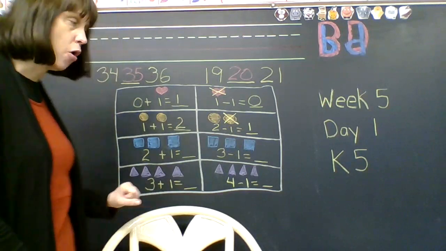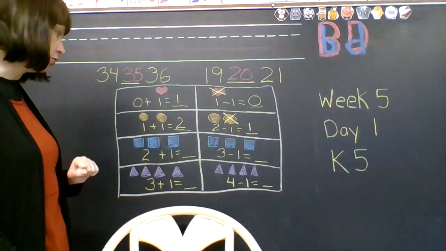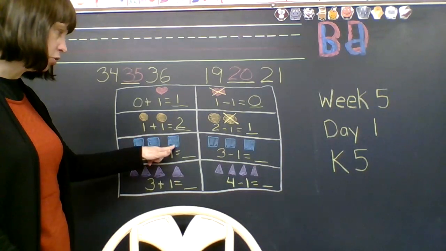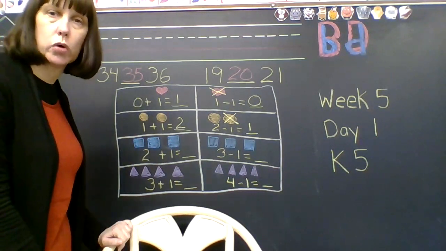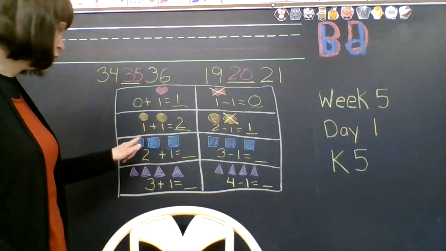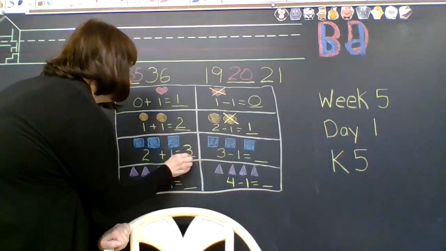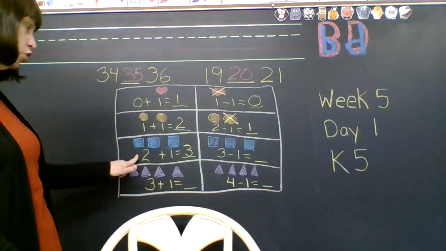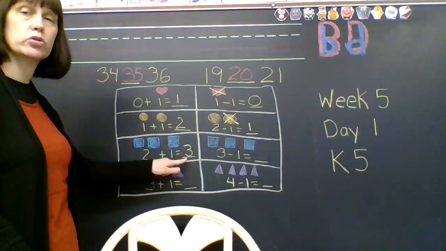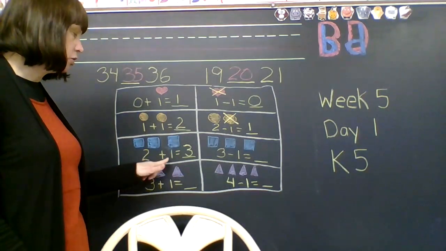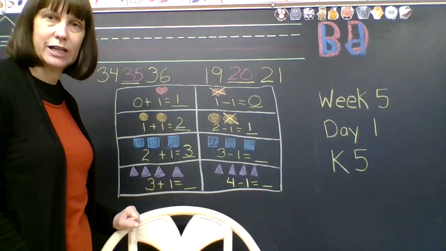All right, now we've got some squares. All right, 2 blue squares plus 1 blue square is how many squares all together? 1, 2, 3. 3. So, boys and girls, 2 plus 1 equals 3. Say that with me. 2 plus 1 equals 3.